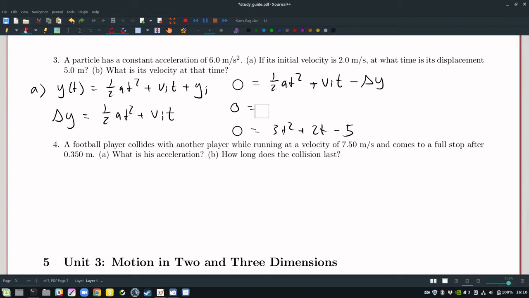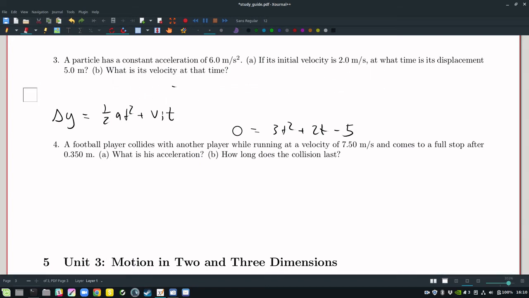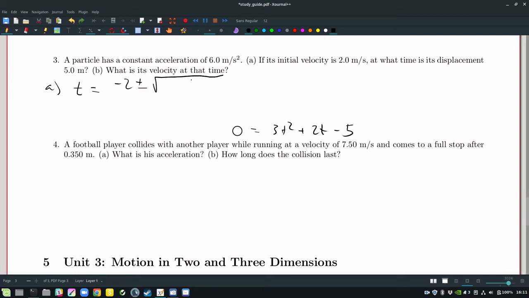So once we've built that formula that describes the motion with the specific displacement in which we're interested, we can use the quadratic formula to solve for the time when the displacement is 5 meters. Using the quadratic formula, we'll take negative, checking my notes here, -2 plus or minus the square root of b squared.